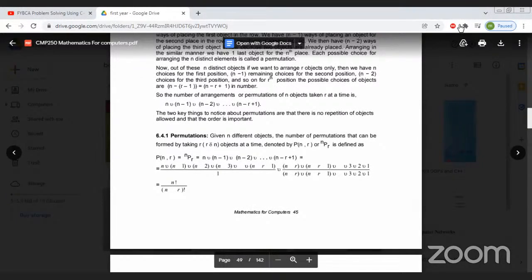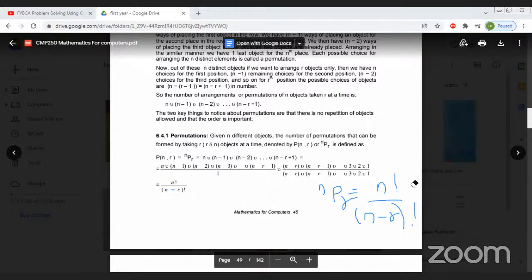For given n objects, to be more specific, n should be different objects, and we have to select r objects from that. At that time, we write nPr. What is the formula for that? n factorial upon n minus r factorial. See, here your minus sign is missing. Kindly write it down.